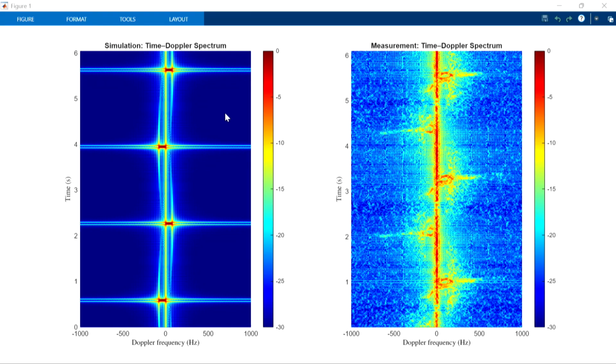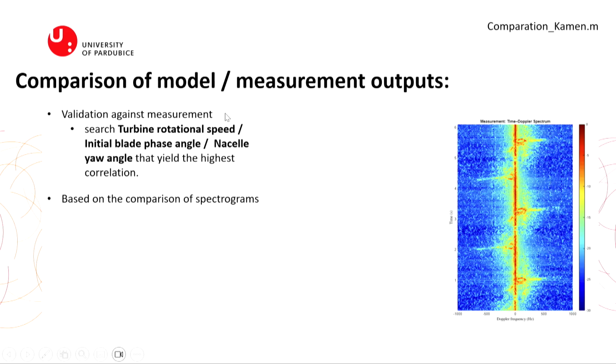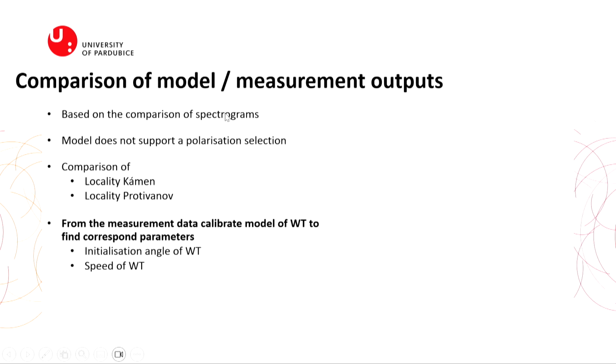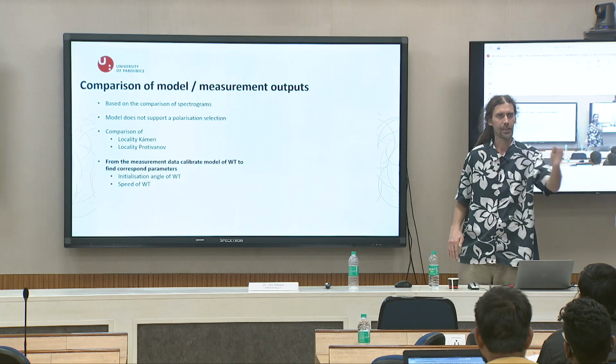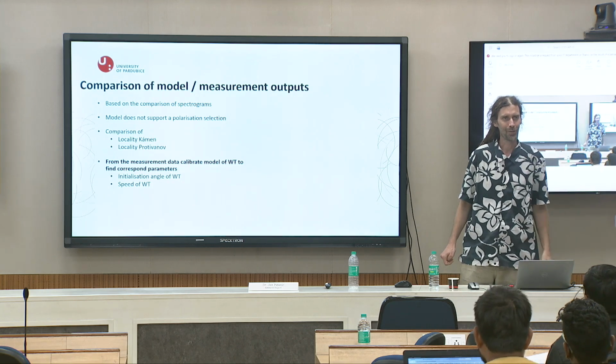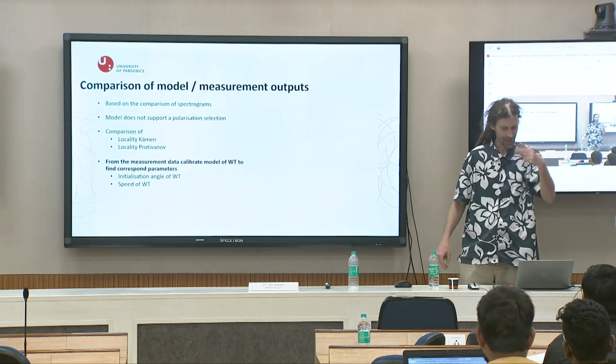So, your task. Speed of wind, initialization angle. Try to tweak this, and frequency of rotation, which is speed, and just tweak it, and also the nacelle yaw angle. Tweak these two parameters.